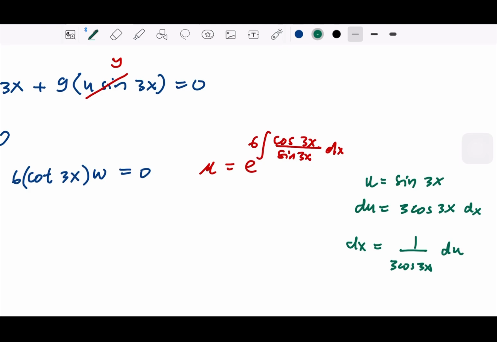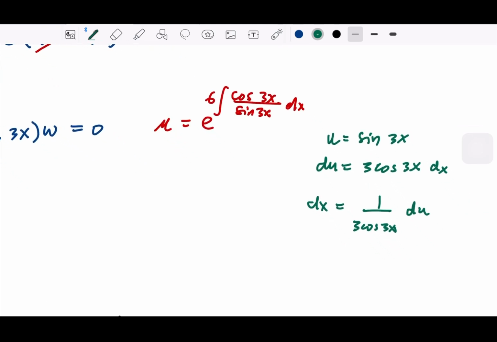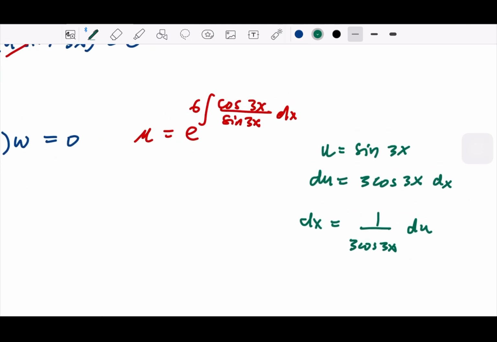Yes. So we get 1/3. Is it correct? Yeah. Sure. There are several ways, but I just want to see, can we make it this way?